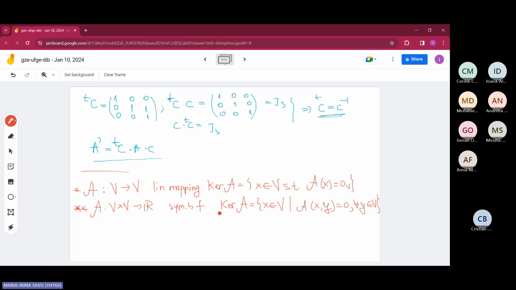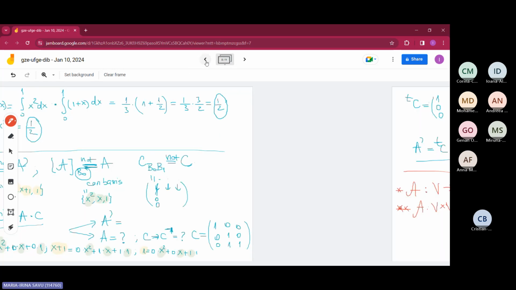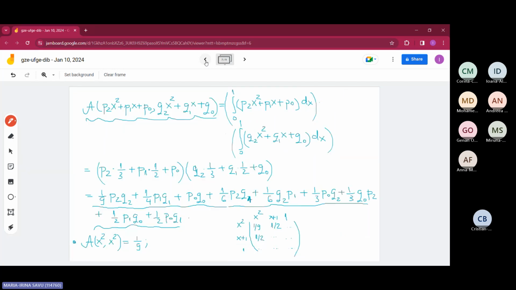So I think that you haven't seen this definition in the course, right? Yes. Okay. In order to find the kernel, you have to use this condition and solve this equation. Y can be any polynomial in R2 of X. So it's a little complicated, but let's skip this point.